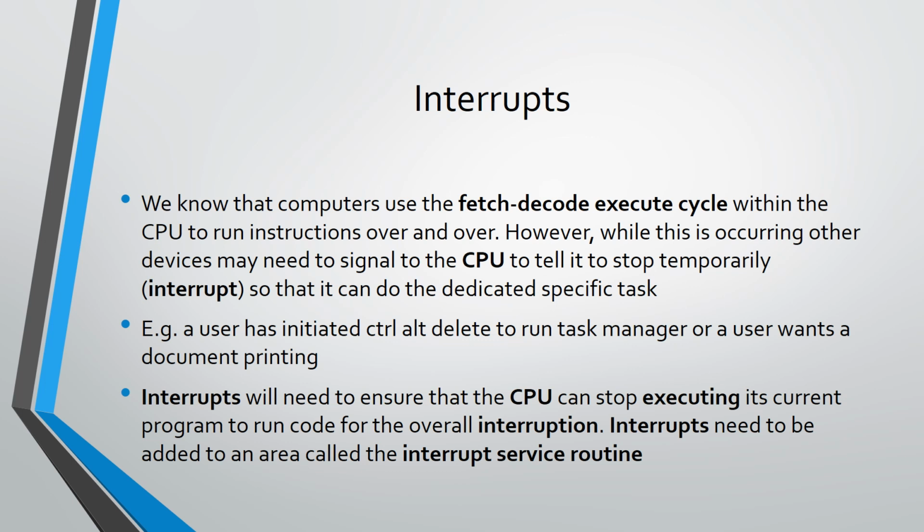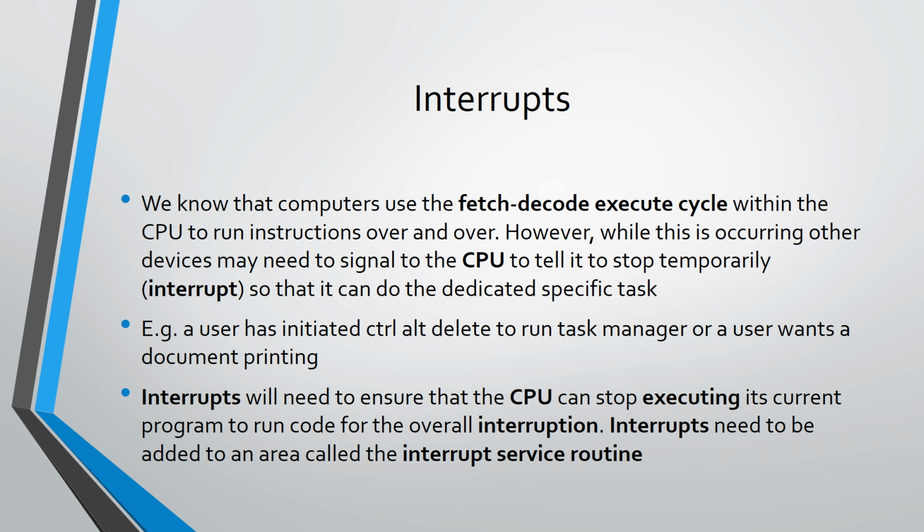We have already talked about interrupts. They are basically signals to the CPU from the system. We know that computers use a fetch, decode, execute cycle within the CPU to run instructions over and over. However, while this is occurring, other devices may need to signal the CPU to stop temporarily so that it can do a specific task.